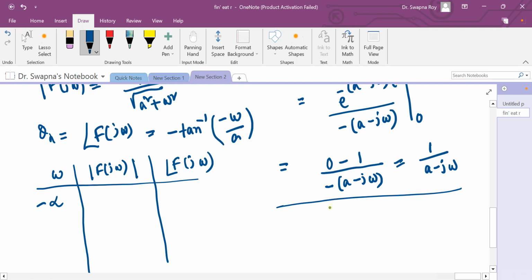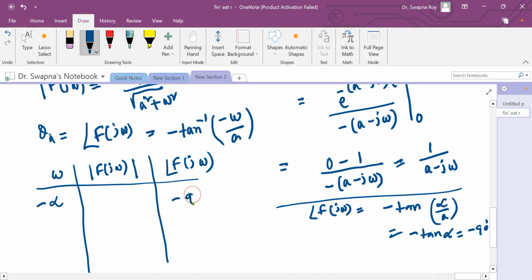So the angle of F(j omega) is equal to minus tan inverse of minus omega, minus infinity, so infinity by a. This is minus tan inverse infinity, which is equal to minus 90 degree.